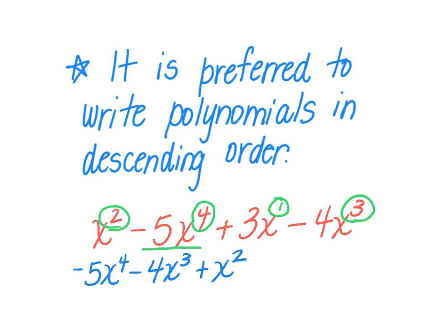This is called descending order. It's like you're just taking stair steps: highest power, the next highest power, the next highest power, and then the next power. And if you have a constant, that would just be at the very end. So that's the preferable way to write a polynomial, in what we call descending order.